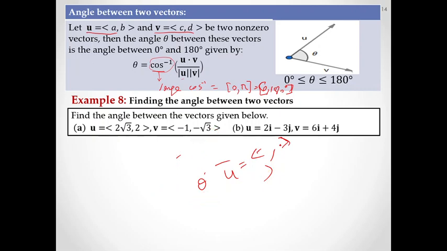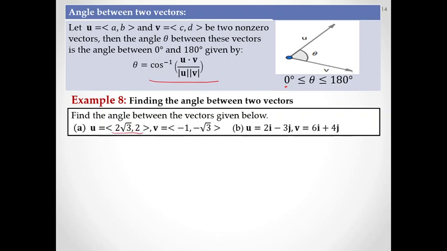This is a nice formula in terms of the components. Finding the angle between two vectors is not very easy to do otherwise, but with this calculation it becomes very simple. Now let's try to find the angle between two vectors.